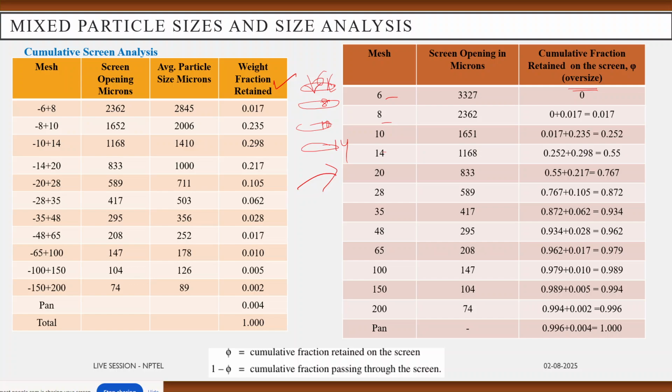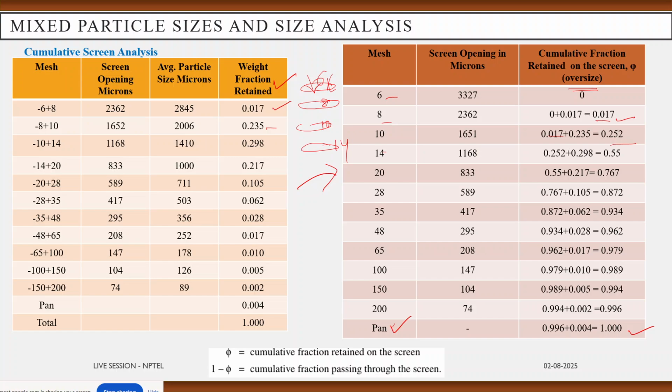So in a cumulative way, we do the summation: 0 plus this one gives this, next this plus this gives this. So when you add up, at the last it will be 1. That is the way we do the screen analysis in a cumulative way.